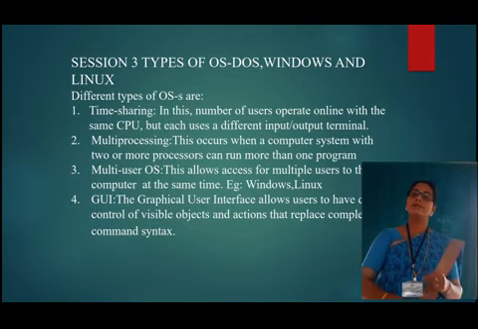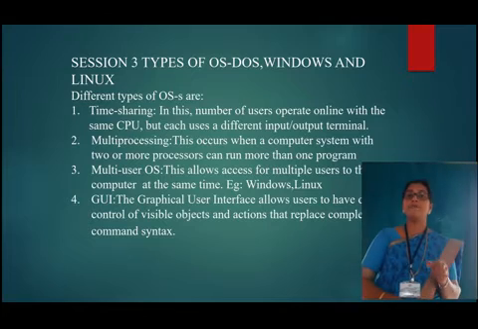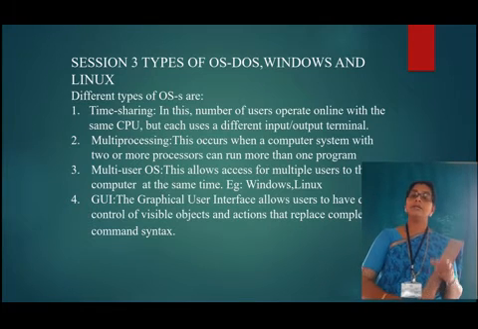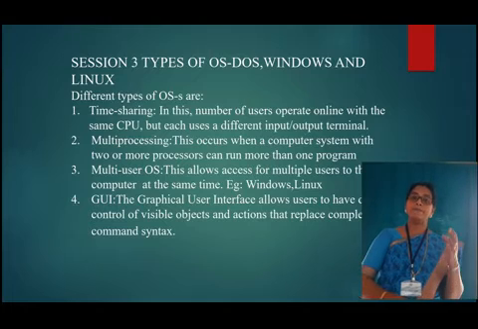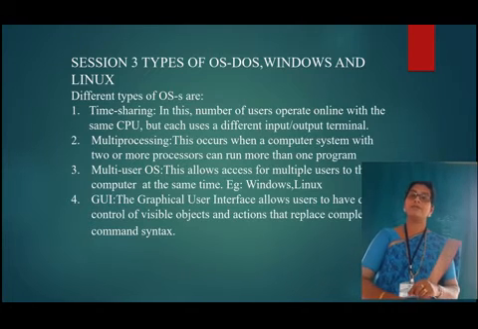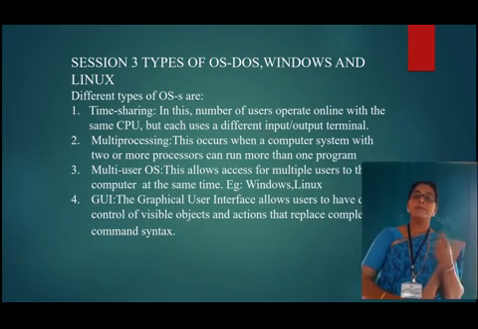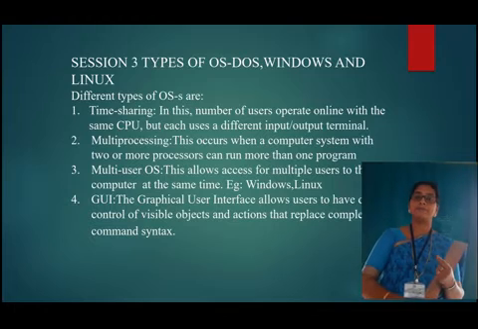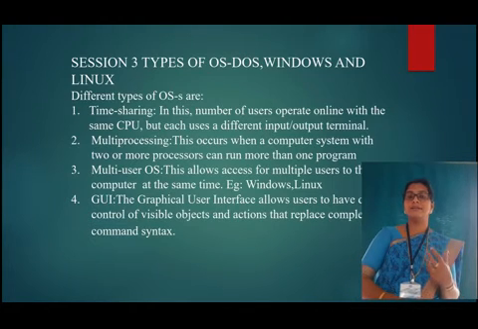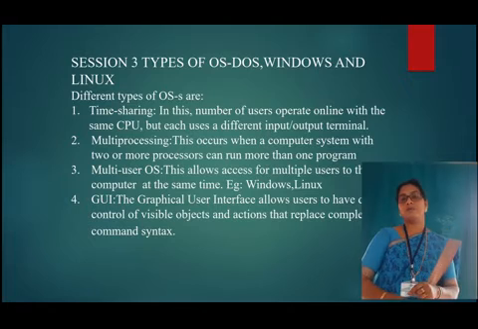The next one is the GUI, that is graphical user interface. Usually Windows is a graphical user interface, because can you see the different icons on the desktop? What is the purpose of giving these icons? From the icons itself we are able to understand the purpose of that particular one, right?